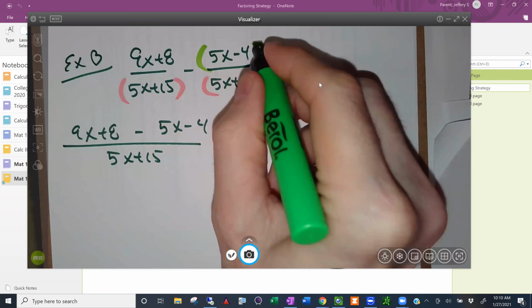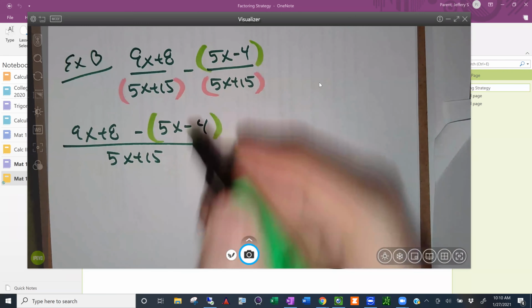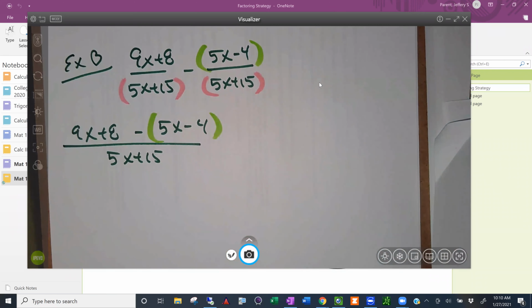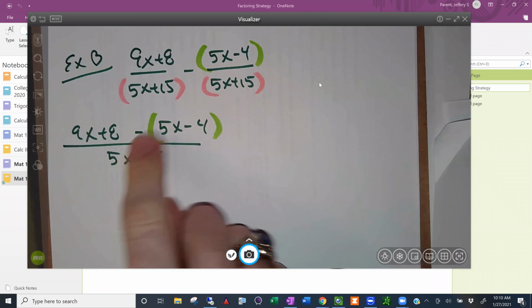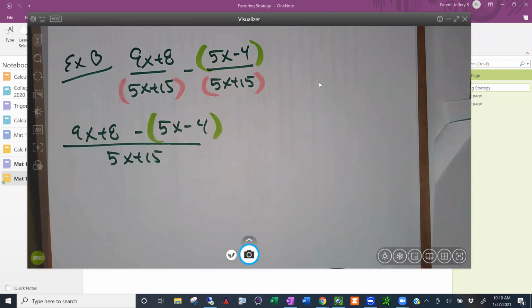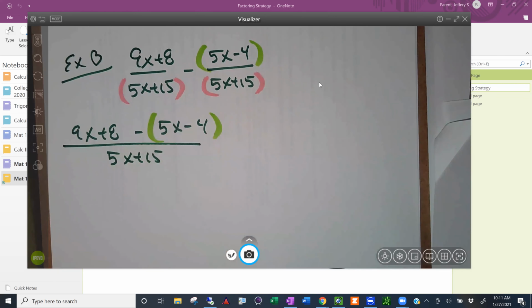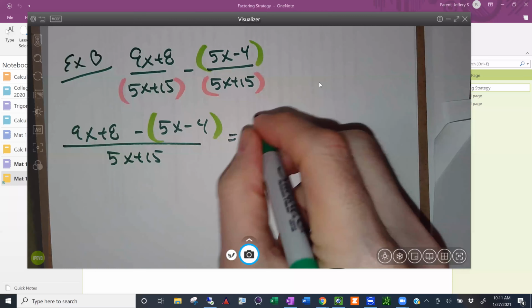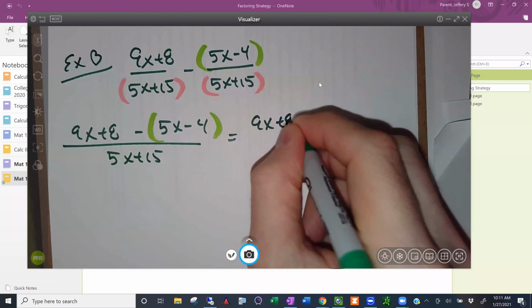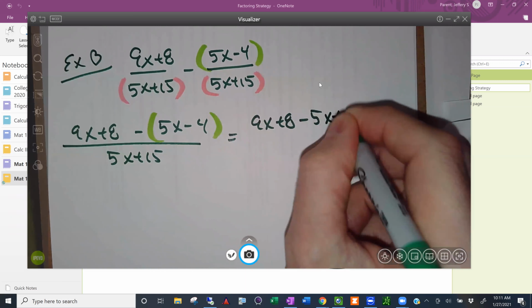Perfect. Let me do it this way. Let's put parentheses around that. And here it makes it a little bit more clear what you were just saying. That is, I've got to distribute that negative. To get rid of the parentheses, I got to distribute that -1 here. So that gives me 9x plus 8 minus 5x plus 4.